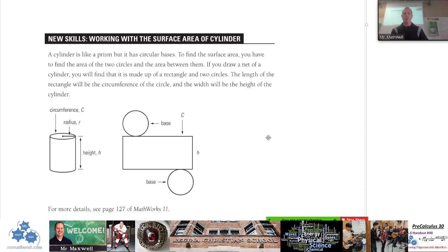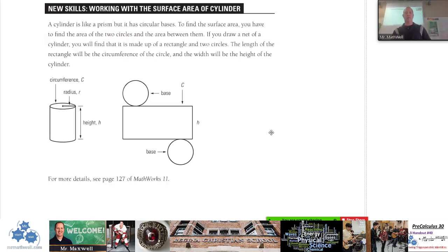Okay, so surface area of a cylinder. What do we need to remember here? Well, the top and the bottom are circles, no problem. So we've got 2 pi r squared, right? That's 2 circles. So the surface area for a cylinder is comprised of 2 circles.